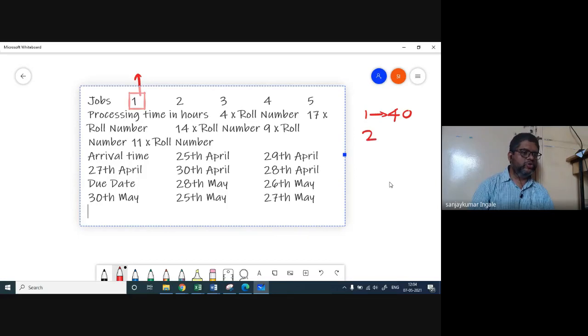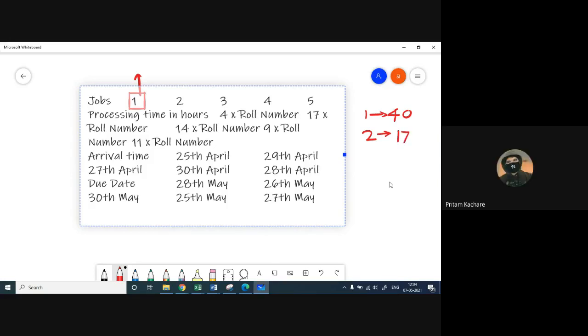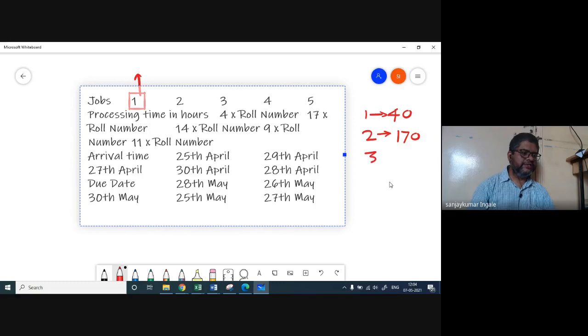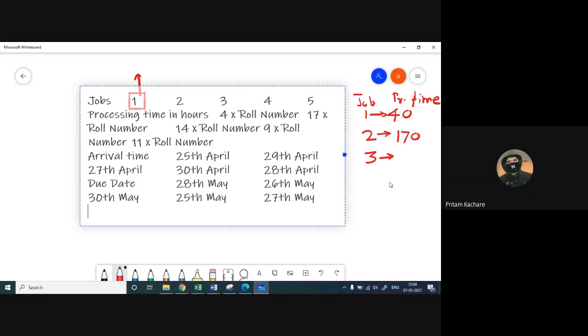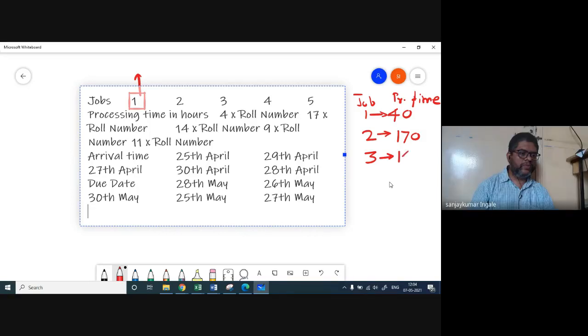Job number 2, what is the processing time? 17 into roll number, is it? Yes, sir. 170. Job number 3, tell me the processing time. 14 into roll number, that is 140.